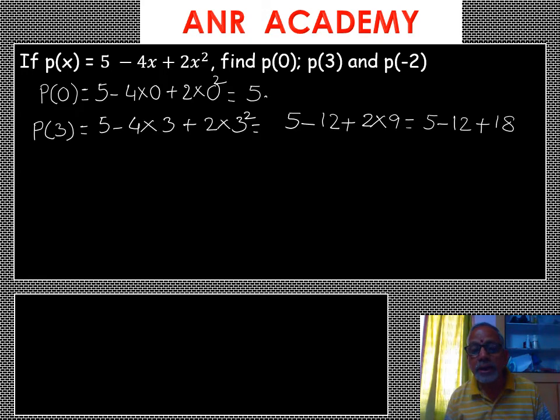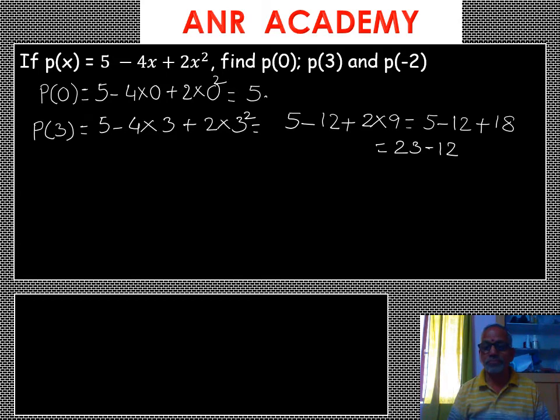So this 5 and 18 have same sign, plus. So 5 plus 18 becomes 23 minus 12. See, these two numbers 23 and 12 have different, unequal signs. Whenever you add or subtract, when you have unequal signs for both the numbers, you have to subtract the smaller number from the bigger number.